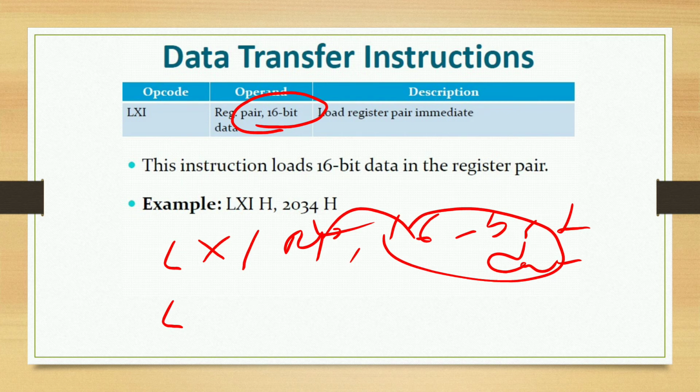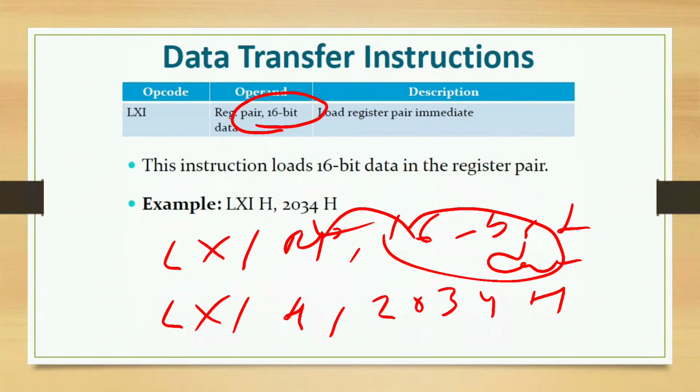Consider an example, LXI H, 2034H. It means load 2034 into the register pair, that is HL.